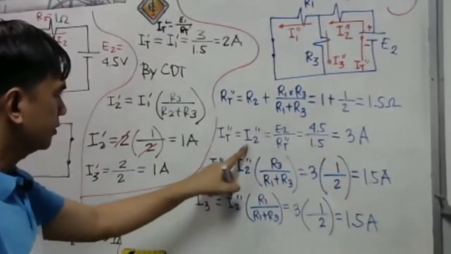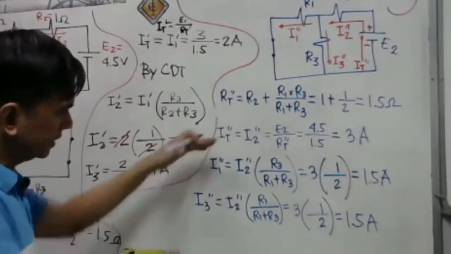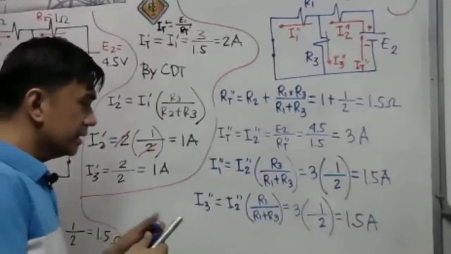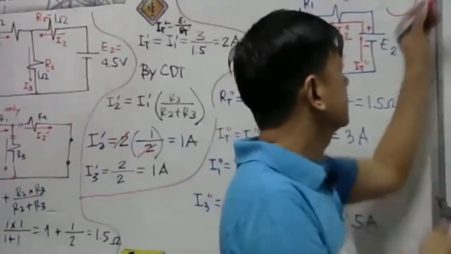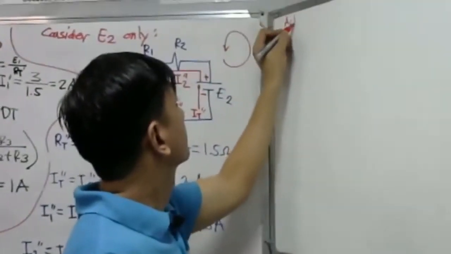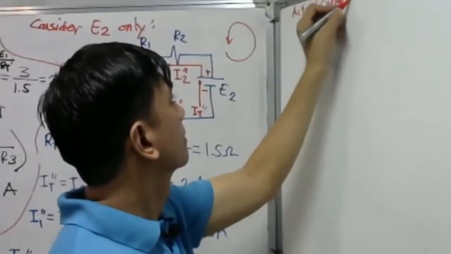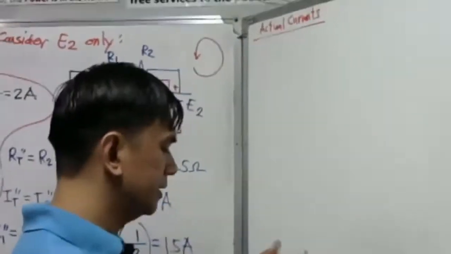I1 double prime, I2 double prime, I3 double prime, so that is already complete for the double prime. Okay, let us solve now for the actual currents.